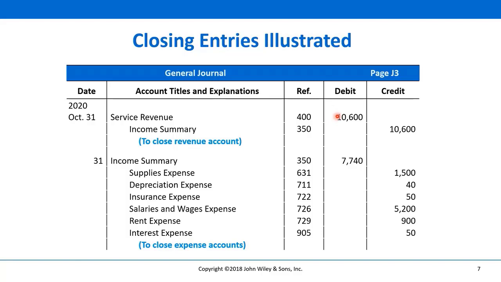So here we will create a new account for this closing entry task, known as the income summary account. The revenue account will be debited and the income summary account will be credited by the same amount. Very simple. So the first task is done. Suppose here we have only one revenue account, that's why we have debited only one account. If we have multiple revenue accounts, we will debit all of them. This approach is the same.